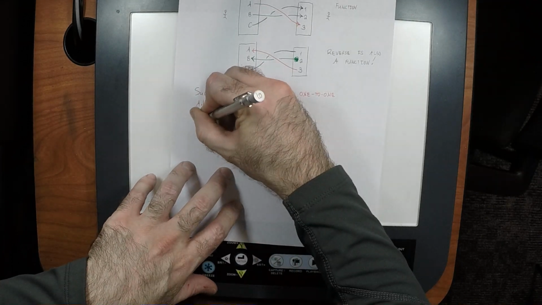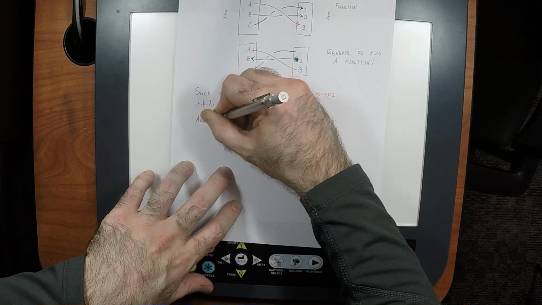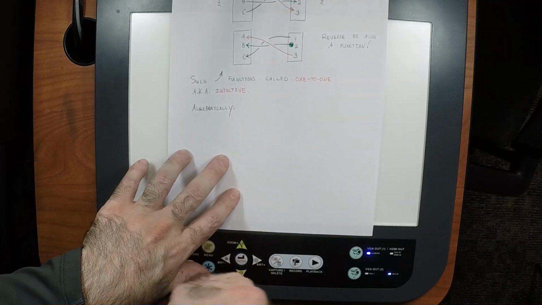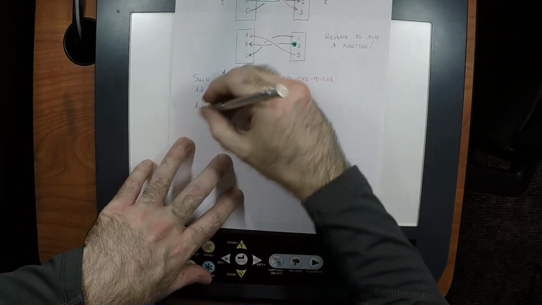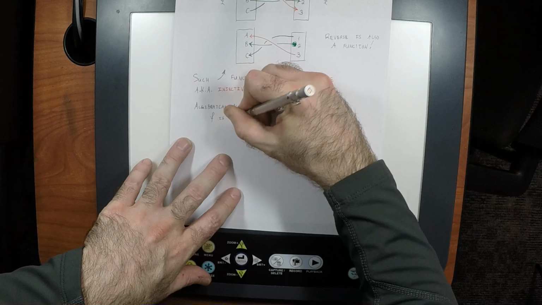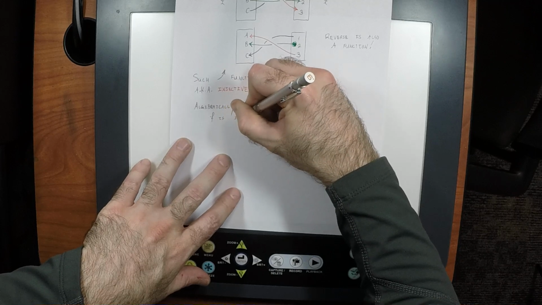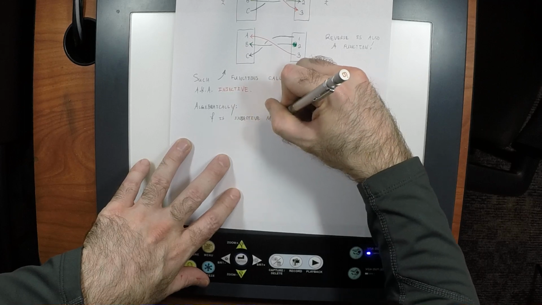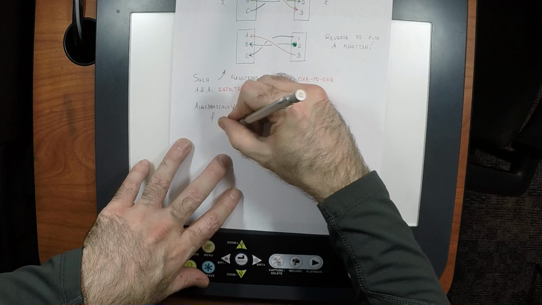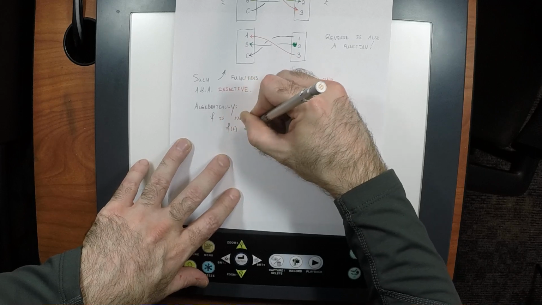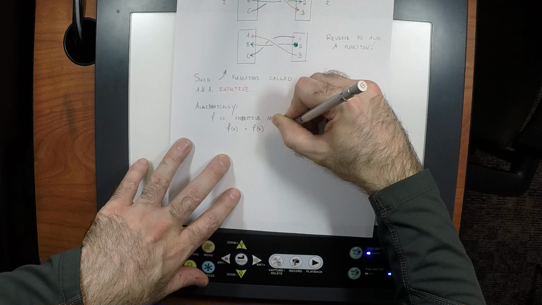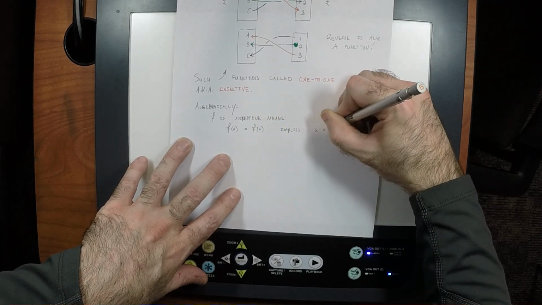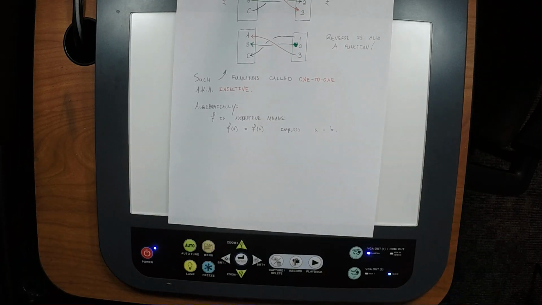So algebraically, f is injective means f of a equal f of b implies a equal b.